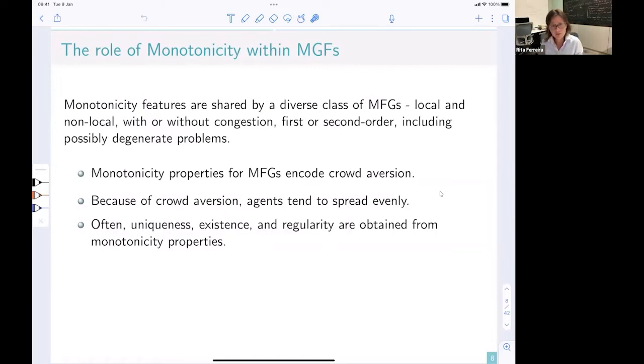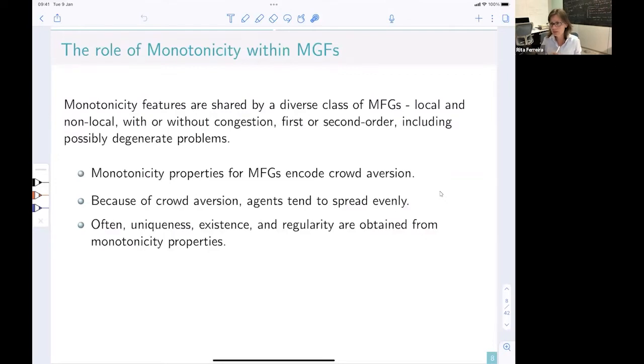Because there is crowd aversion, agents tend to spread evenly. And from the mathematical point of view, uniqueness, existence, and regularity are derived based on these monotonicity properties.